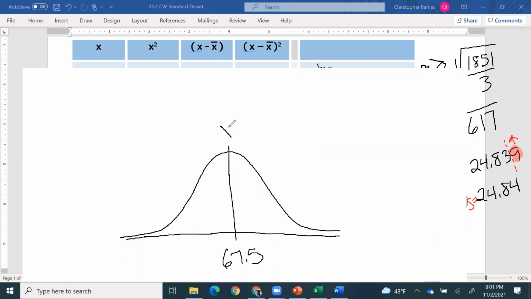Right? The mean is always in the middle of the standard normal distribution. Now we just calculate this one standard deviation. That's S. S equals 24.84.